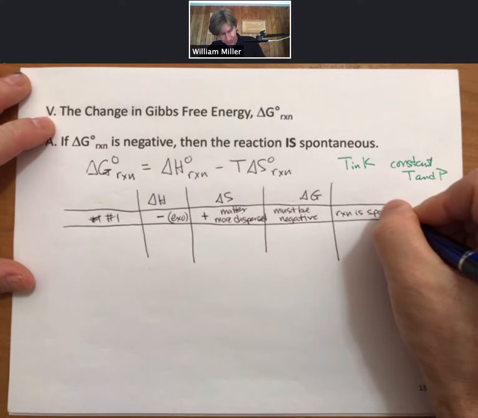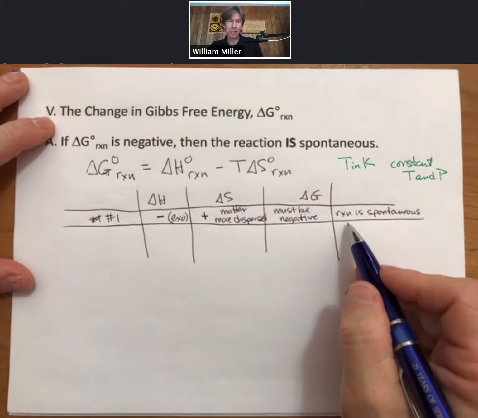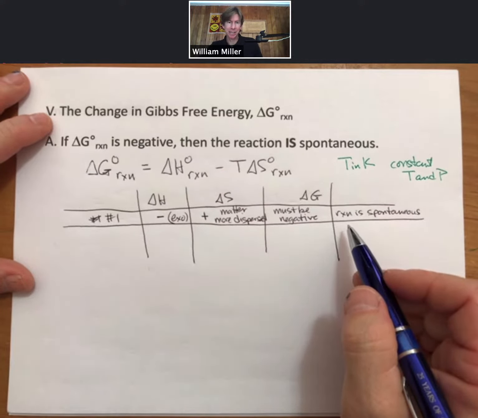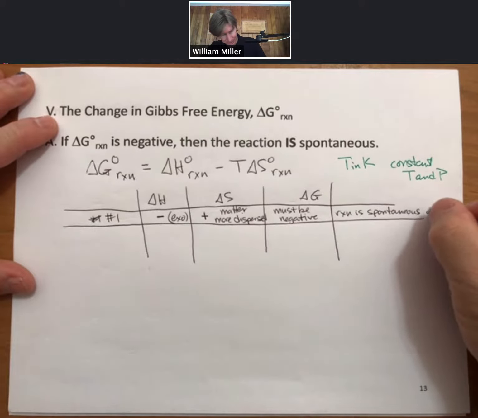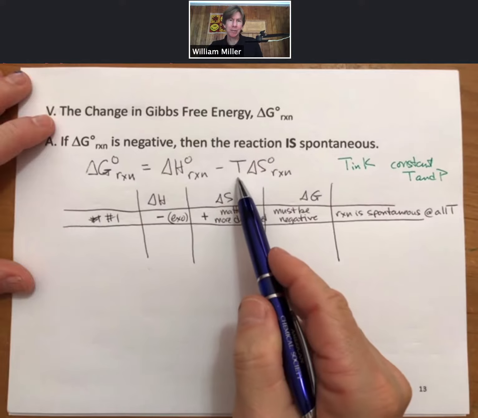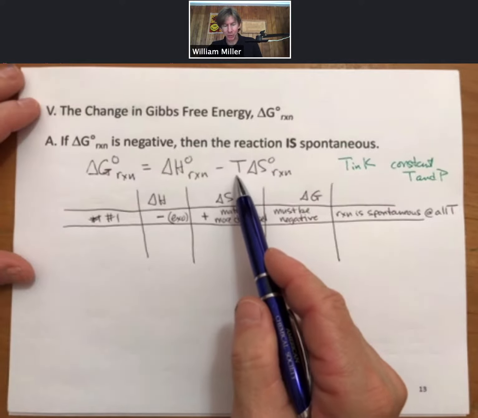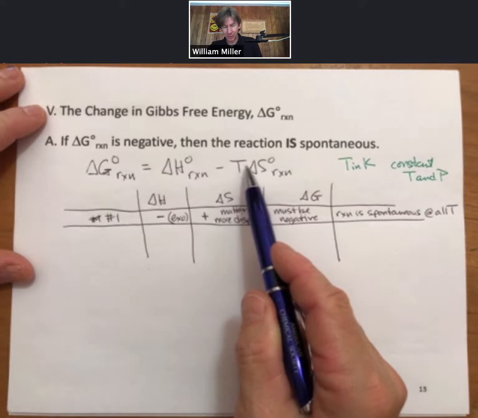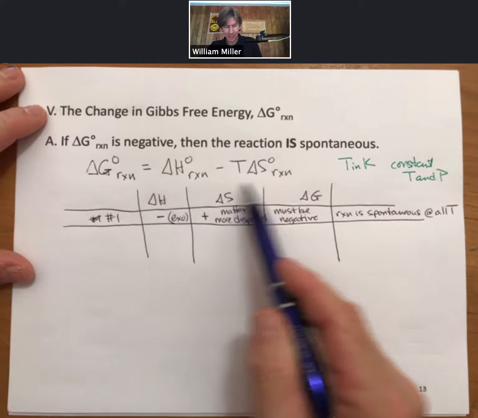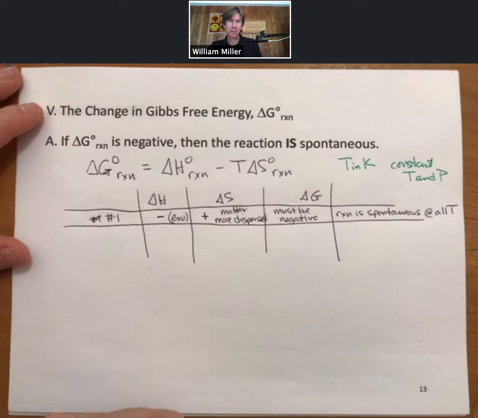And not only is it spontaneous, it is spontaneous at all T, because T could have any value from 0 to infinity. Not that that's legal or legit, but if this is negative and this is positive, delta G will always be negative, and the reaction will always be spontaneous.